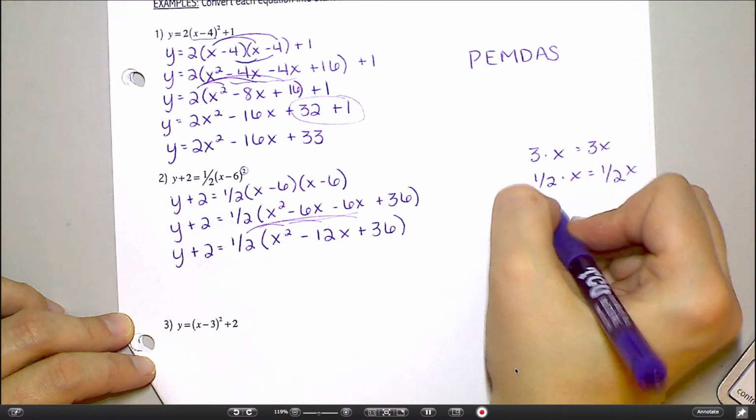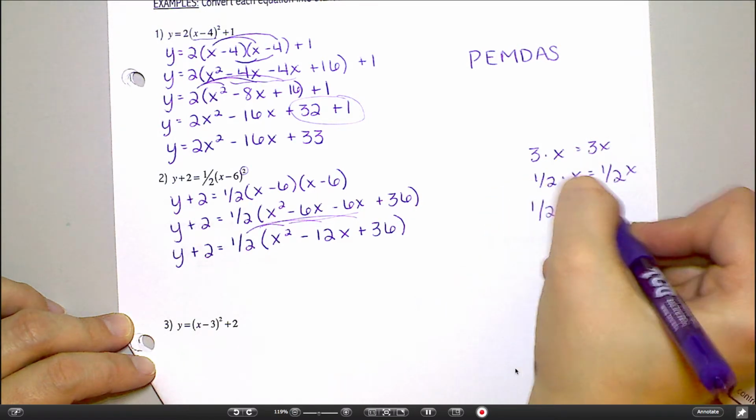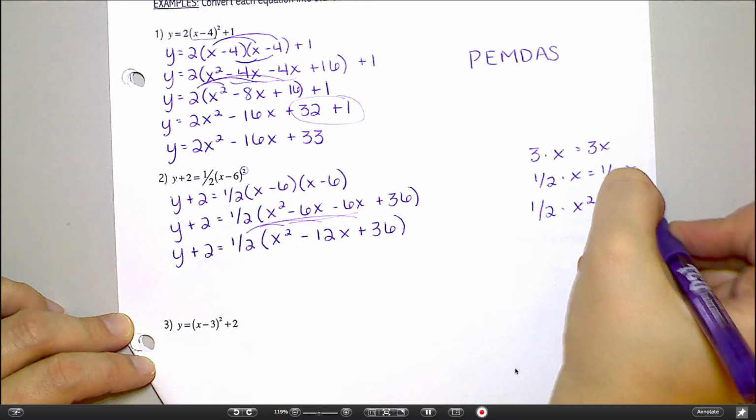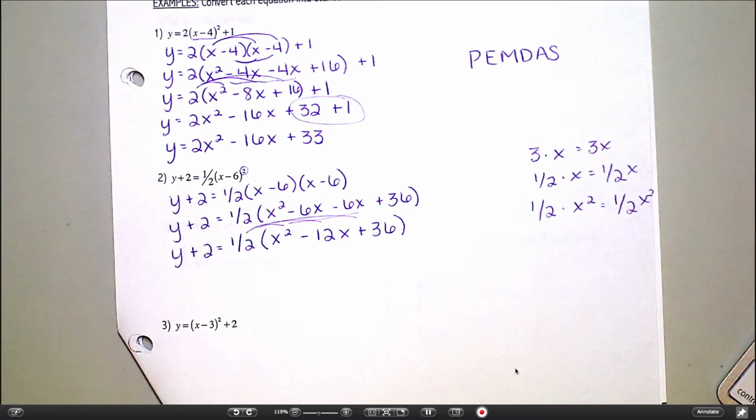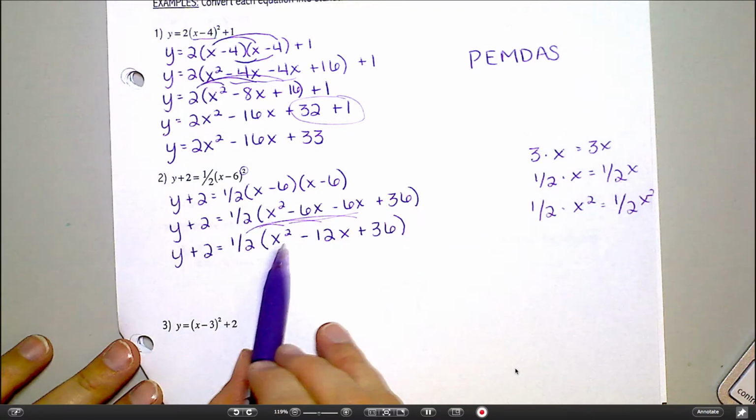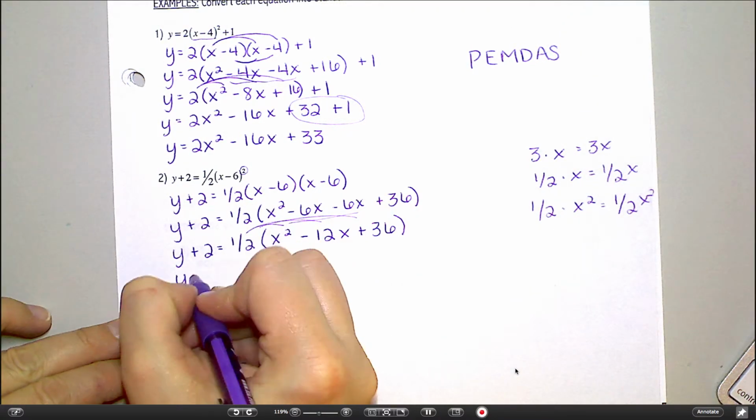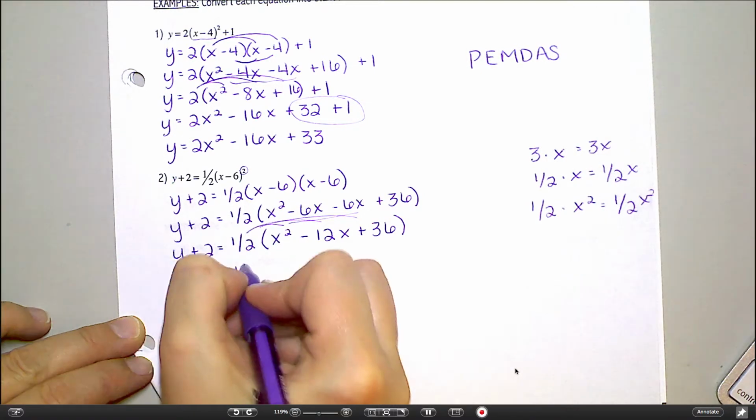What's 1/2 times x squared? 1/2 x squared. Okay. The 1/2 is not going to change your exponent. I see a lot of people wanting to make that just a regular x because you think that you do 1/2 of 2 and it just becomes 1. But that's an exponent. That's not a number. So this is just going to become 1/2 x squared.